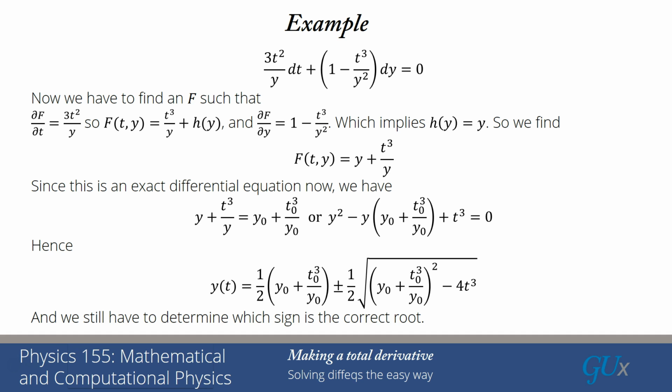And what has to happen is that the plus or minus sign has to be chosen in such a way that the y0 terms add together, so I get y0 over 2 plus y0 over 2 equals y0. And the t0 cubed over y0 terms cancel, because I'll have a t0 cubed over y0 minus a t0 cubed over y0.